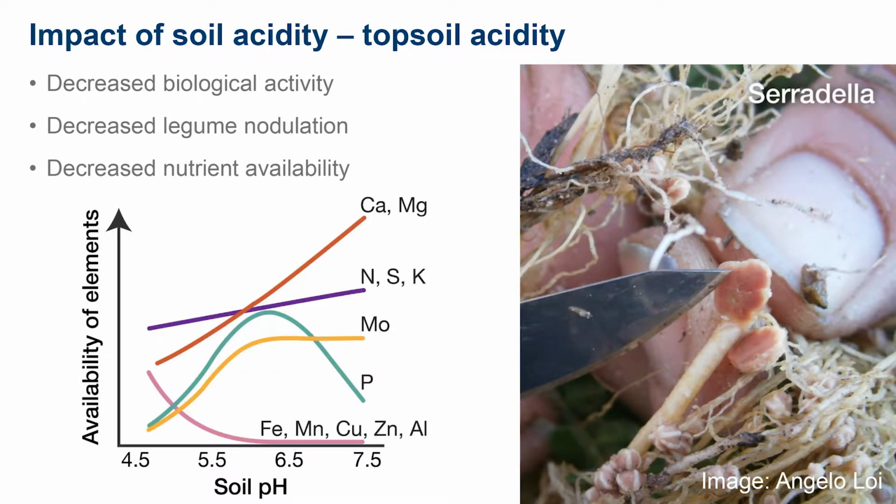In the topsoils, there are different concerns about low pH, and they revolve around nutrient availability. So essentially we would like pH to be somewhere above 5.5 and up to maybe 6.5 or 7, although that's quite difficult to achieve.